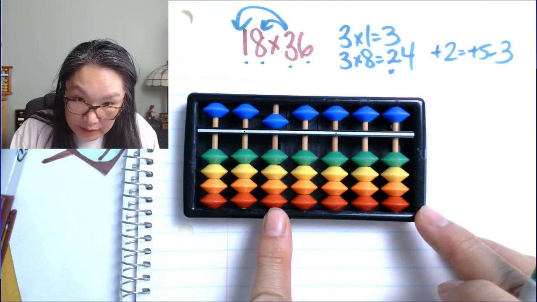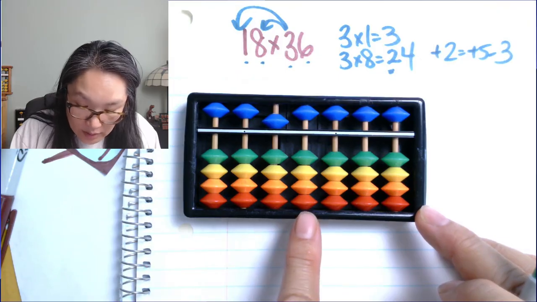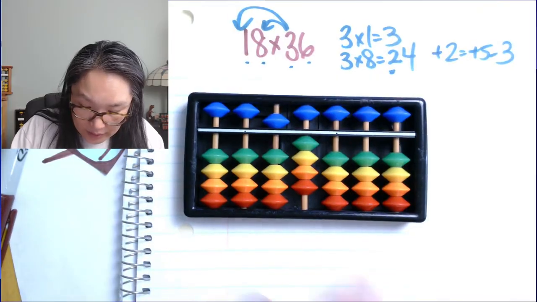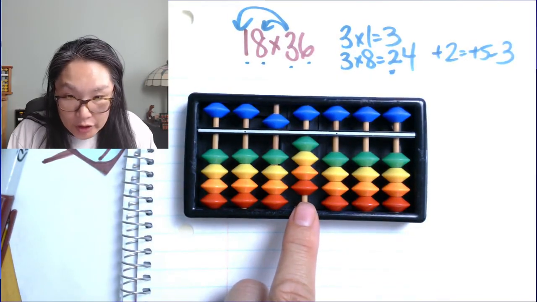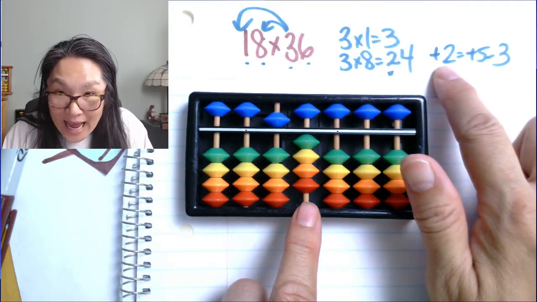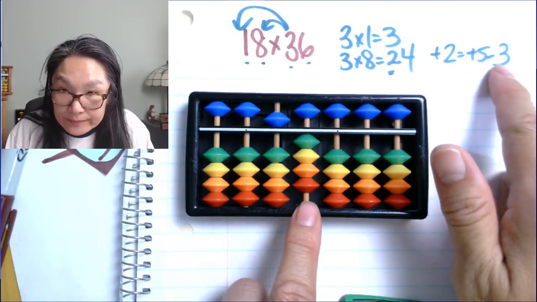This is a formula that we need to memorize. If we want to add a 2 and we do not have enough beads, we have to use a formula.